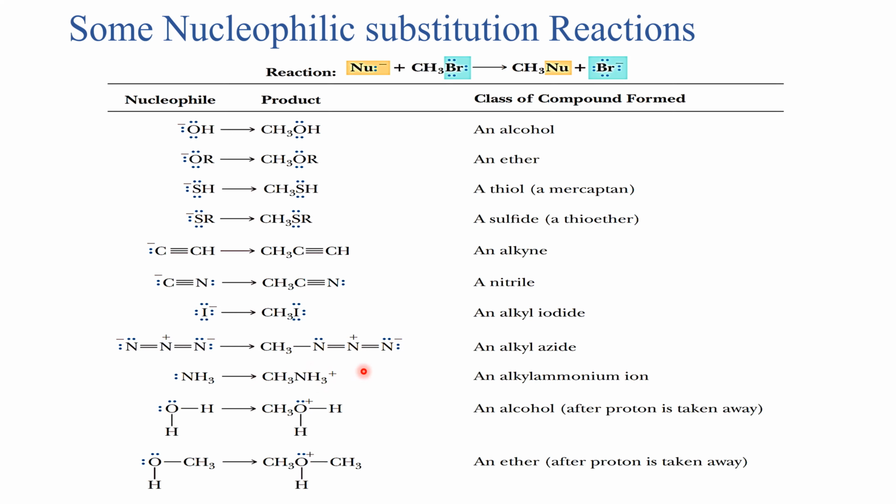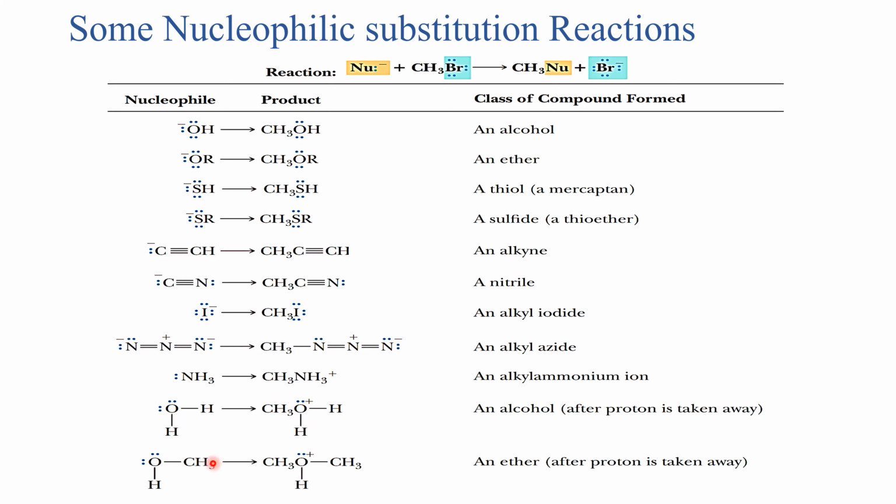But eventually, if you add any base, it can collect that extra hydrogen. So this CH3NH3 positive can go to CH3NH2, the methylamine.